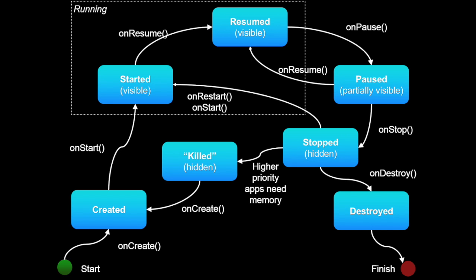All right, and the thing that we're going to discover with rotations is that when we rotate the device, the activity actually gets destroyed. It gets destroyed in its current orientation and then gets recreated in the new orientation. And we're going to use logging methods to show how these transitional methods get called.